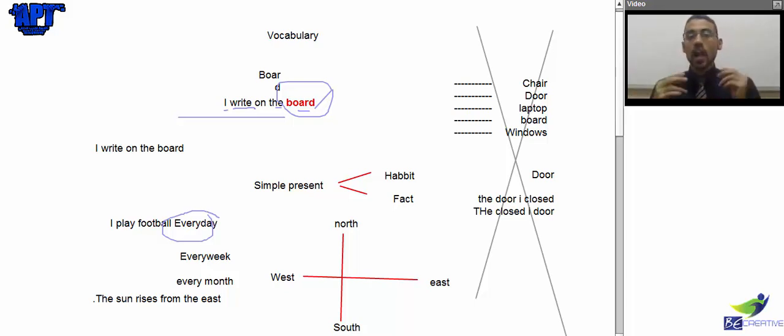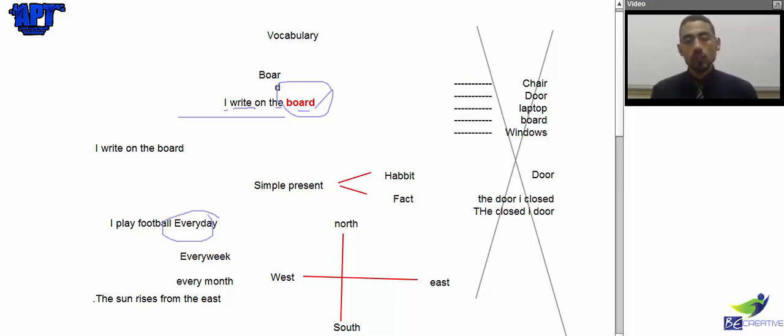After that, I watch TV for 1 hour. Then I play on the computer for 3 hours. Then I study for 4 hours. Then, after that, I go to bed at 11.